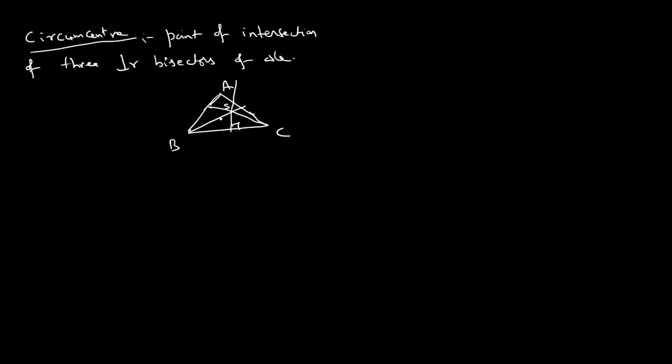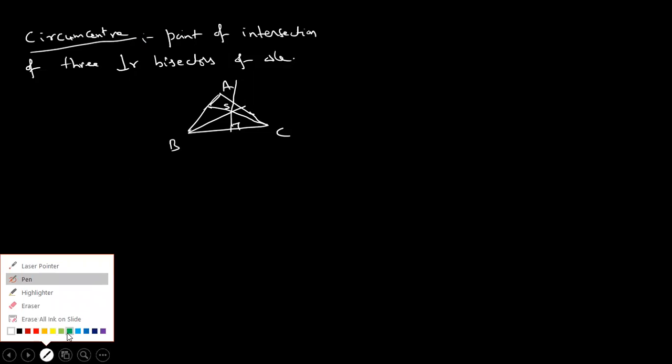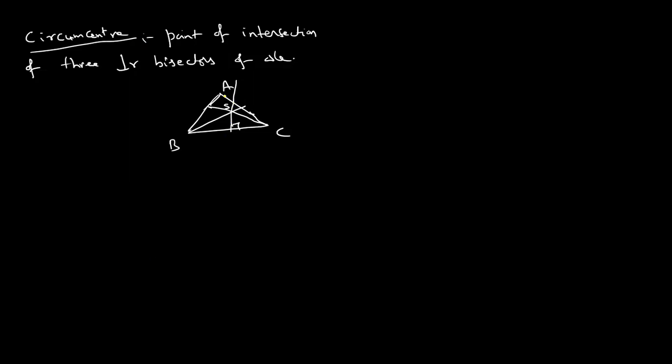So this is what is called? Circumcenter. Circumcircle means the circle is passing through all the vertices of a triangle. Clear? Yes, sir.